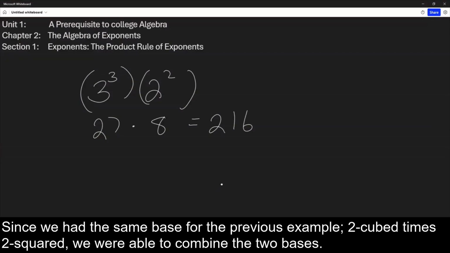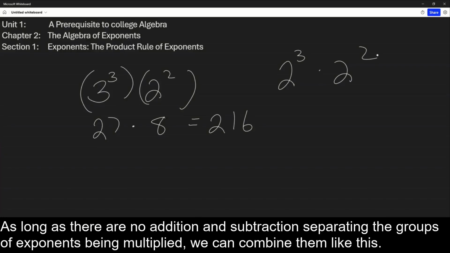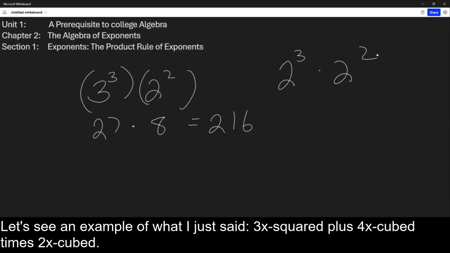Since we had the same base in the previous example, 2 cubed times 2 squared, we were able to combine the two. Why? Because exponents are a form of repeated multiplication. As long as there is no addition or subtraction separating the groups of exponents being multiplied, we can combine them like this. Let's see an example of what I just said.